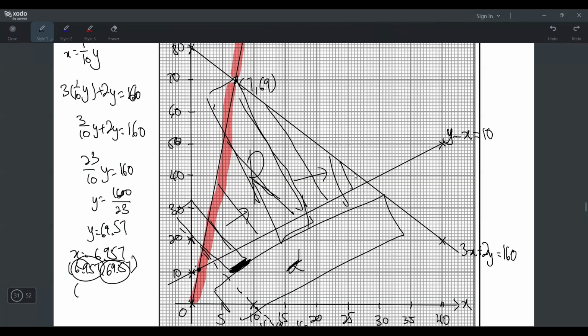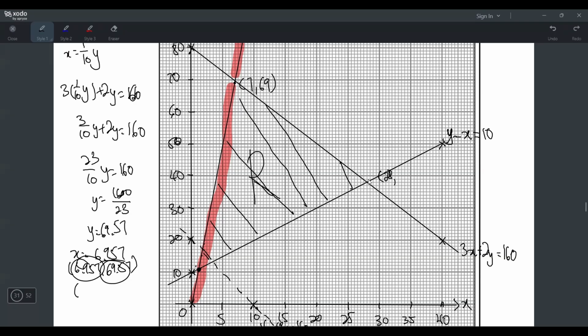Okay, so now I will erase all this. Now it's time to write down this answer. Can we read this easily or no? 25, 30. So if I minus 2 it is 29, minus 2 is 28. So I think it's exactly at 28, right? And then what about the y coordinate?